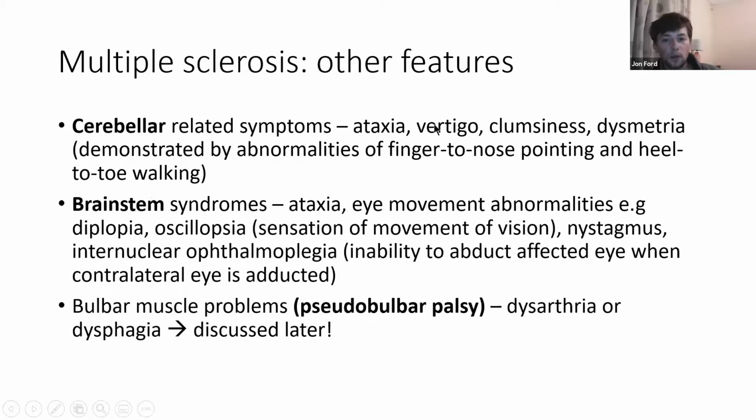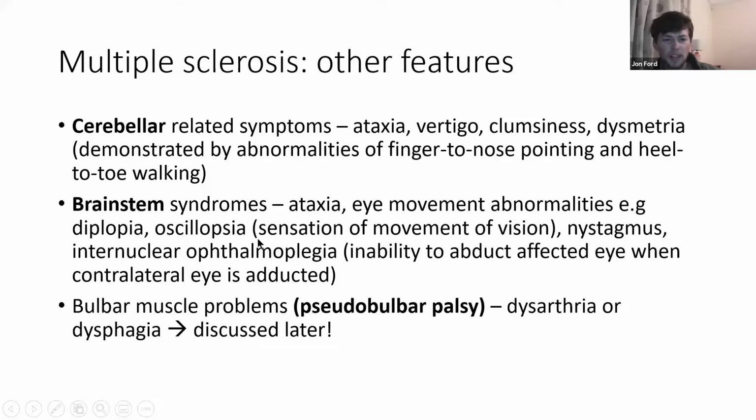You might also have cerebellar lesions, which is useful revision of classic features: the ataxic gait, vertigo, clumsiness, dysmetria, which is not being able to do the finger to nose pointing test and heel to toe walking, which you might find on exam.